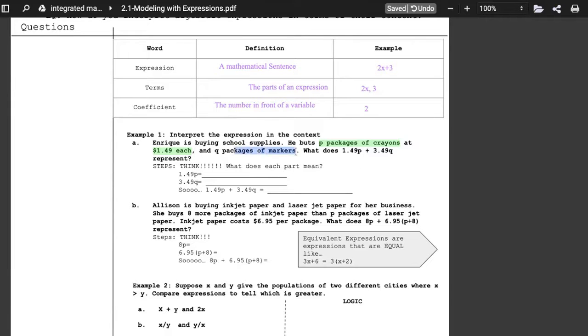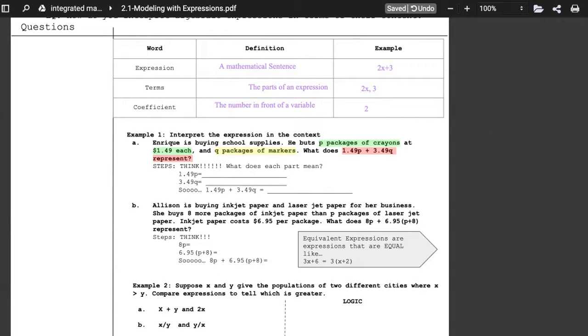So Q represents the markers. And I don't know how much they cost. But I do know that I'm trying to understand what 1.49P plus 3.49Q represents. Okay, so the red represents what I'm trying to think.